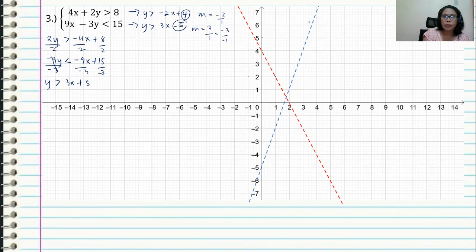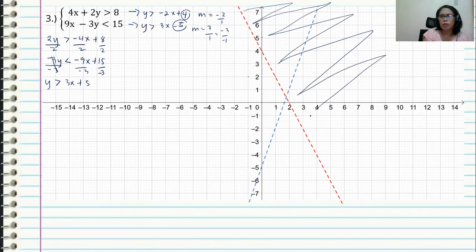Now, it's necessary first that we shade the region, like for the first inequality. So this is greater than, so it must be above this one.